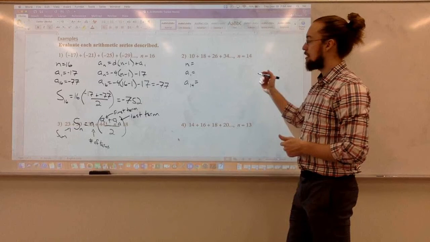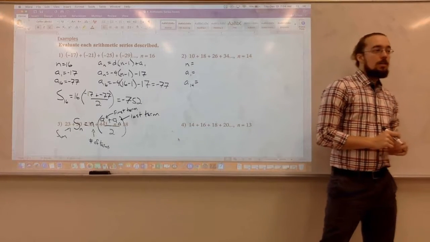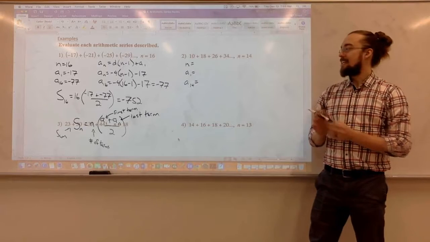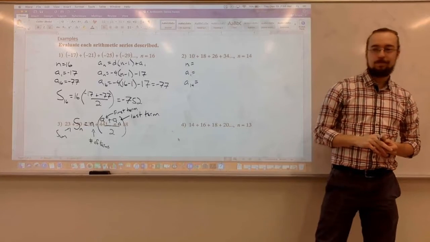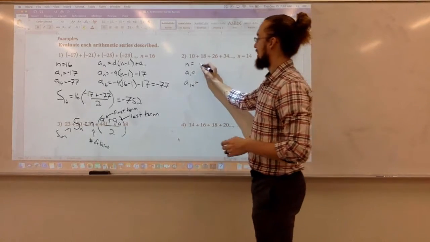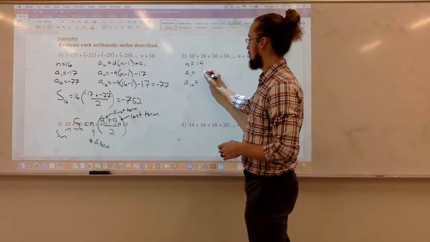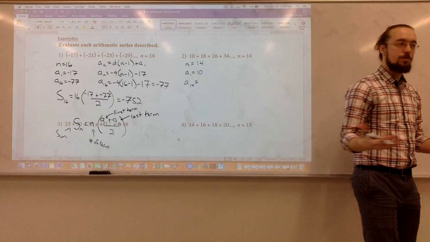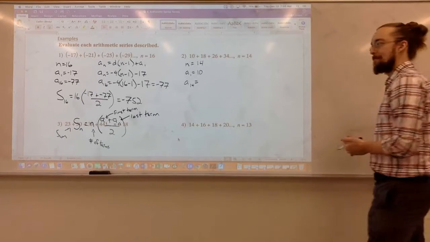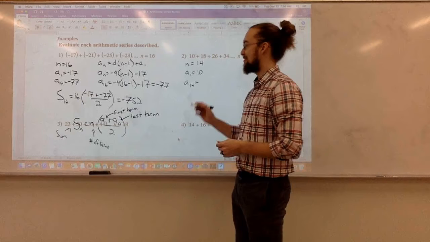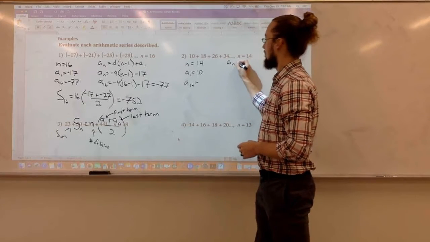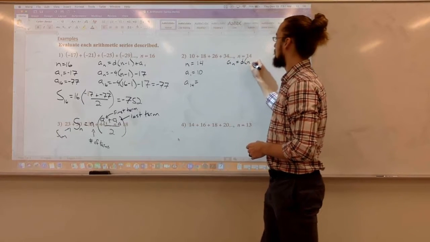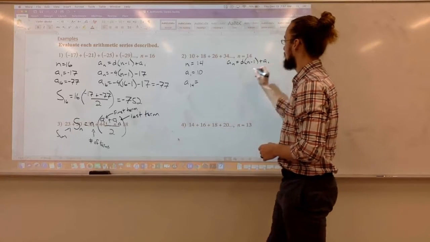So what's n in this problem? 14. What's a sub 1? 10. Now I need to do a little bit of work to find my 14th term. We gotta do the stuff. Okay? So I can say a sub n equals d times n minus 1 plus a sub 1.